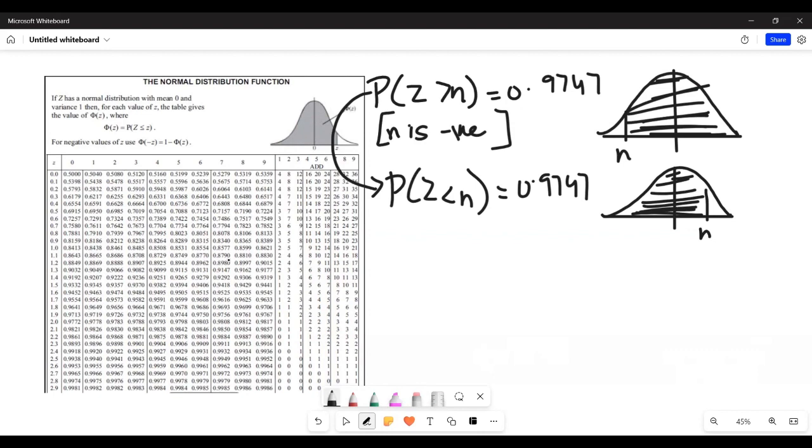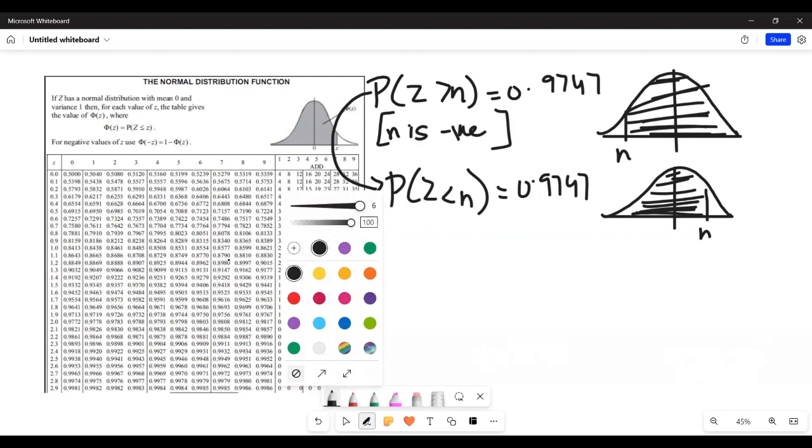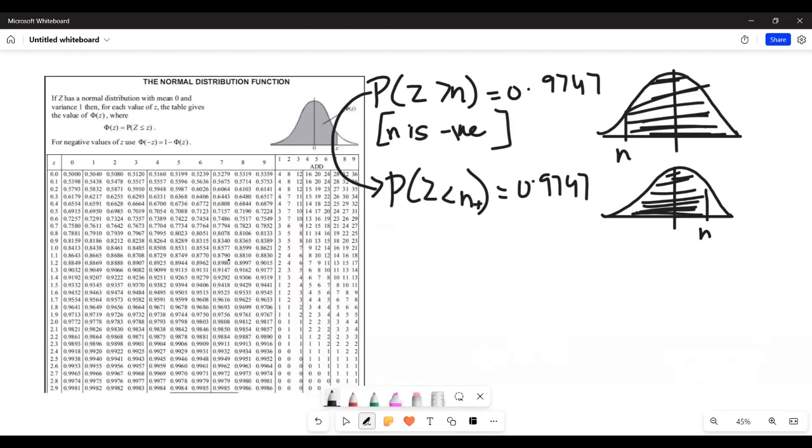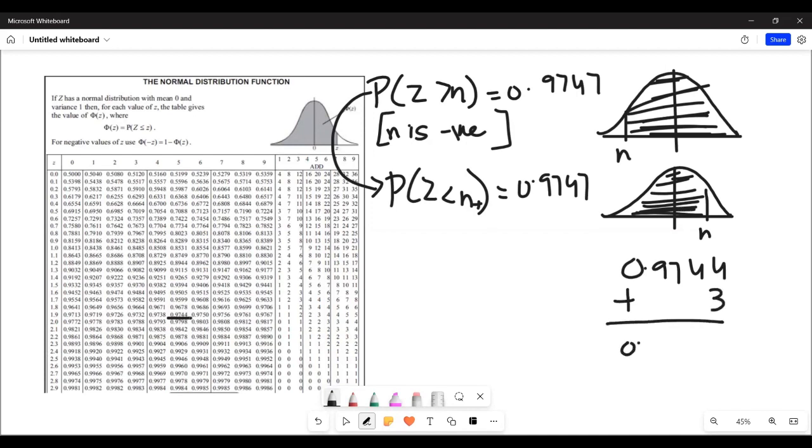Okay. So this one is positive. You can write a small positive as a reminder. Okay. So where is the probability 0.9747? We don't have 9747. We have 1.9, we have 0.9744, but we can add 3 to it to get 0.9747.